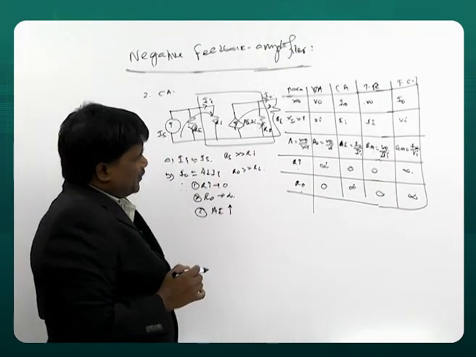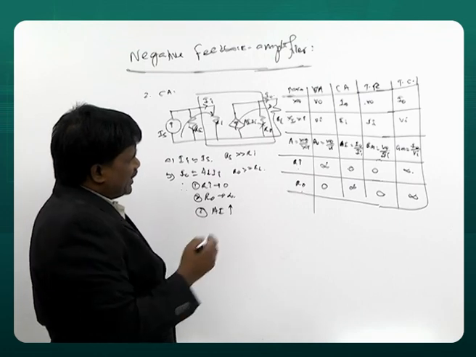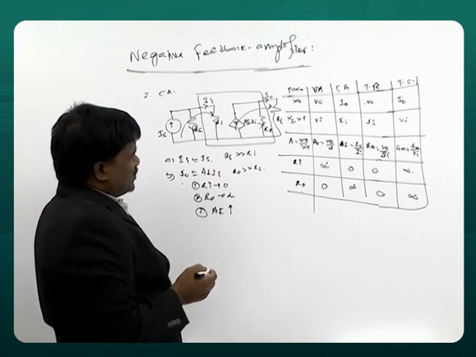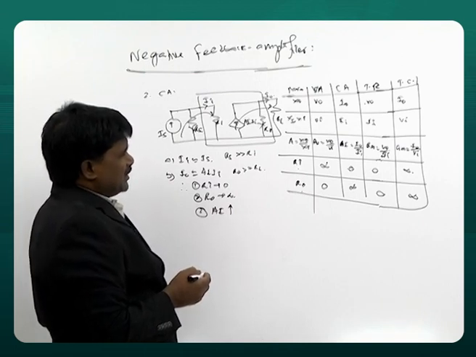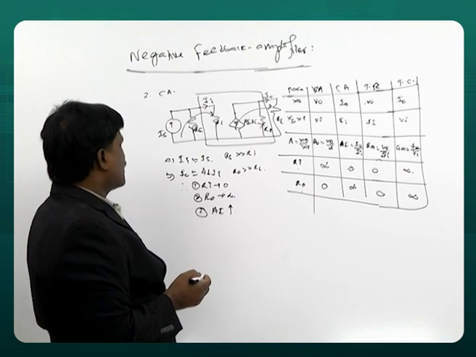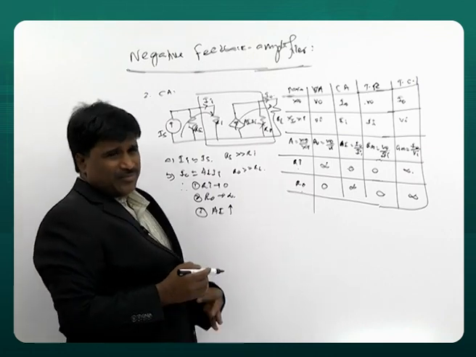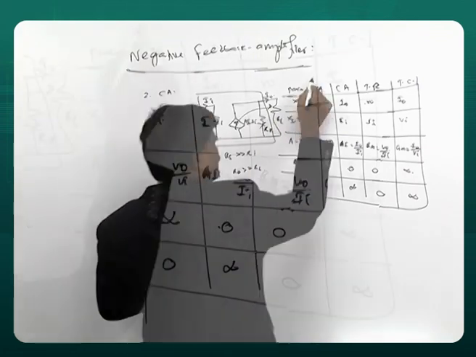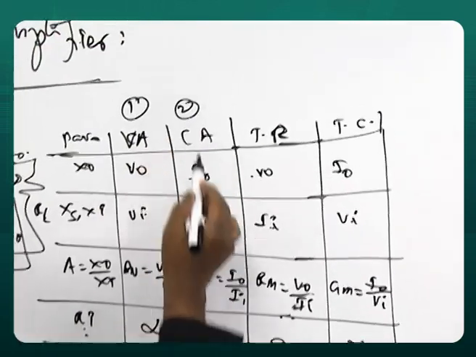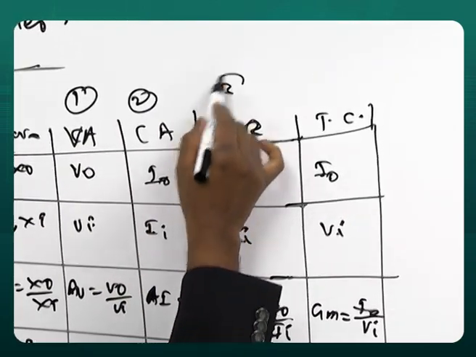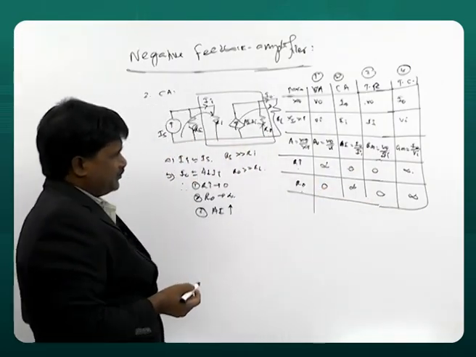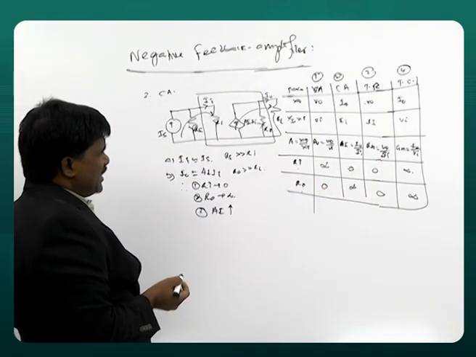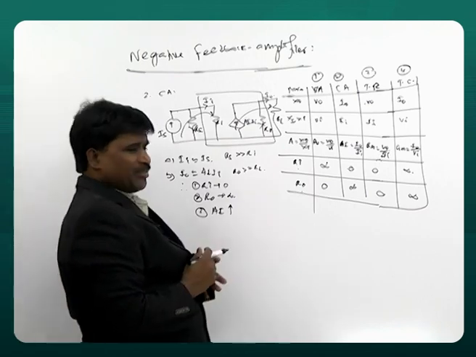So, basing on the first two, I can make the others. Totally we have 4 amplifiers: voltage amplifier, current amplifier, trans resistance, trans conductance. These are called basic amplifiers. This is our first amplifier, second of this, third and fourth are a combination of the other two. So this is the meaning of basic amplifiers.